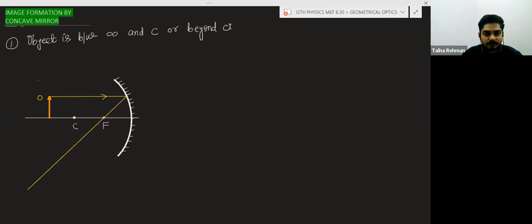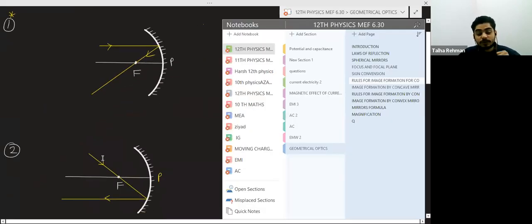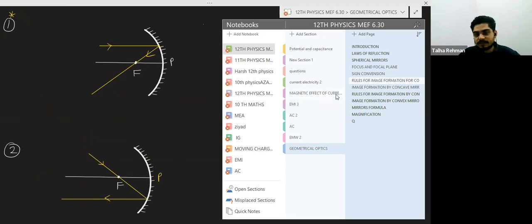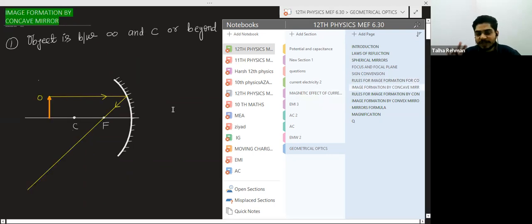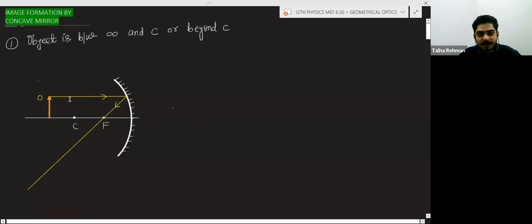After reflection, it is passing through the focus. Okay. Another rule I have told you is that when a ray of light passes through the focus, it will become parallel to the principal axis. So two rays are required. The first ray is parallel to the principal axis and passes through the focus.